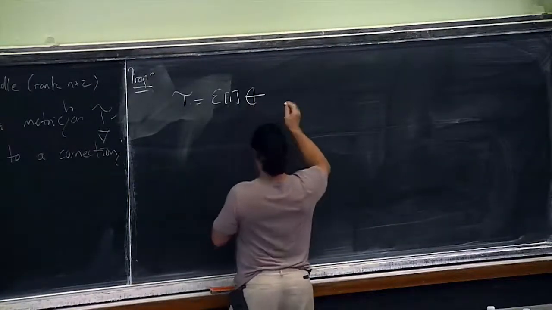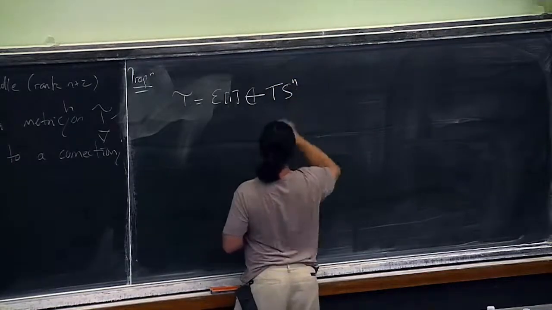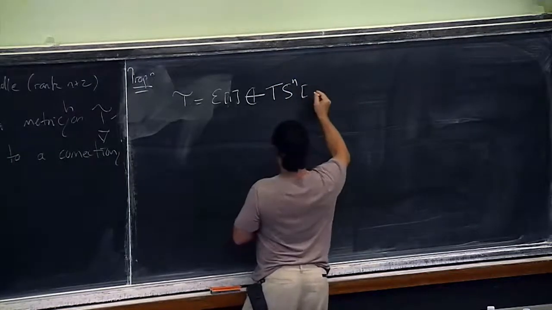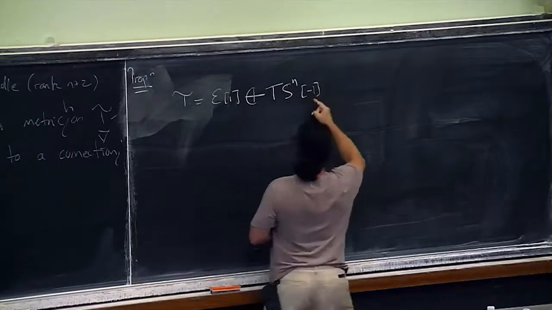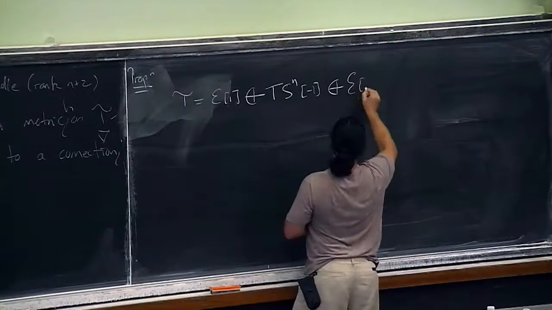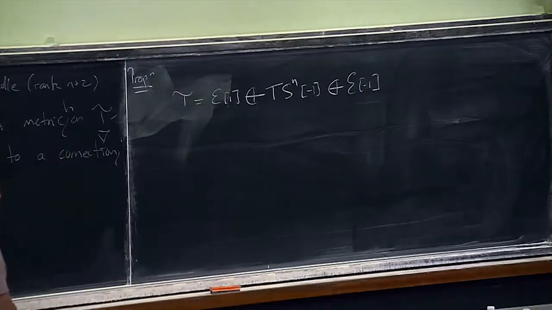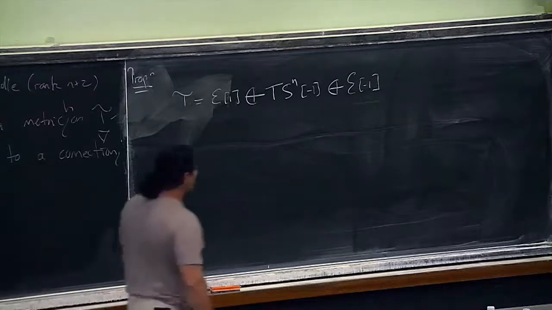This is a notation I'll explain in a second. Tangent bundle to the sphere twisted by conformal densities of weight minus 1, semi-direct sum densities of that weight.